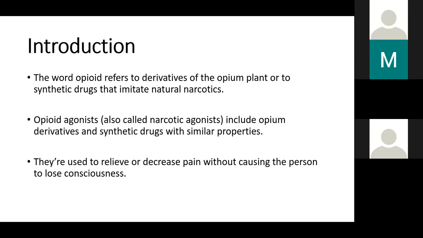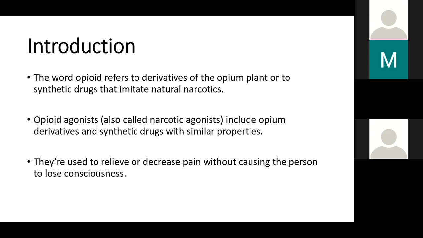Okay, so we'll start. So opioid agonists are also called narcotic agonists and include opium derivatives and synthetic drugs with similar properties. They are used to relieve or decrease pain without causing the person to lose consciousness. So contrast this with the anesthetic agents, which can impair consciousness.